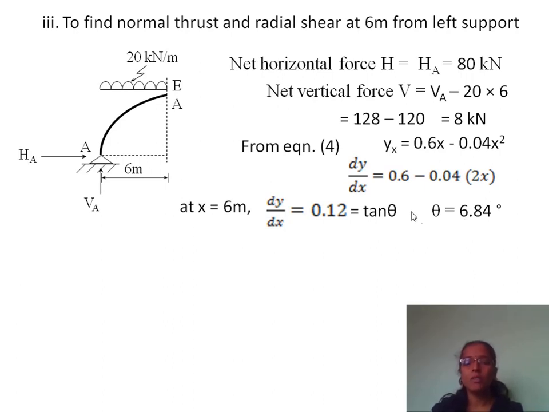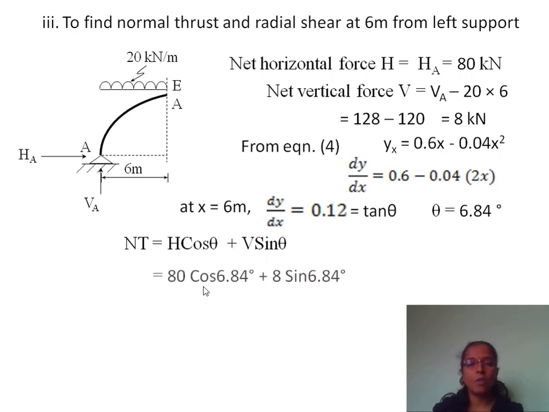Using this value of theta, we will calculate normal thrust and radial shear. Normal thrust is H cos theta plus V sin theta, which is 80 cos 6.84 plus 8 sin 6.84. Simplifying, it is 80.38 kilonewton.